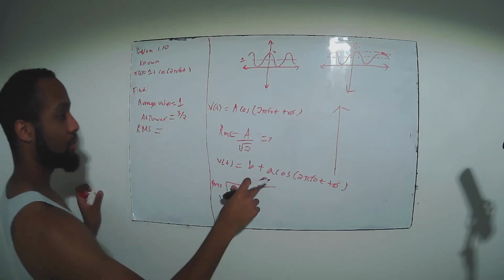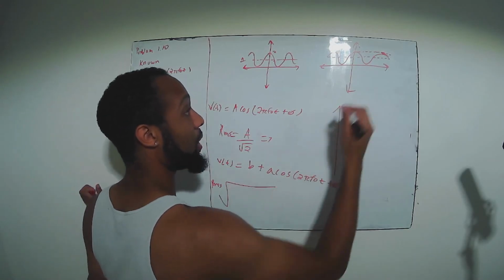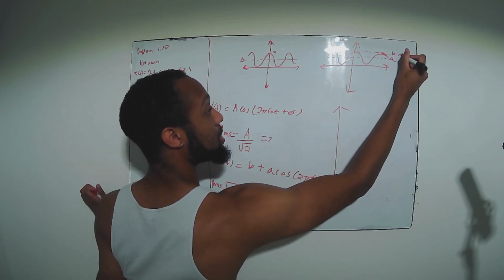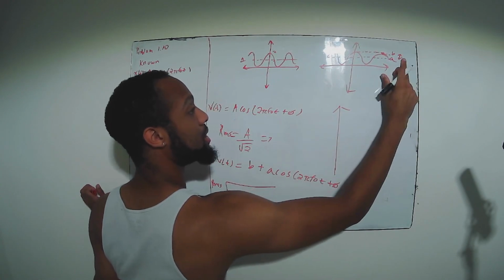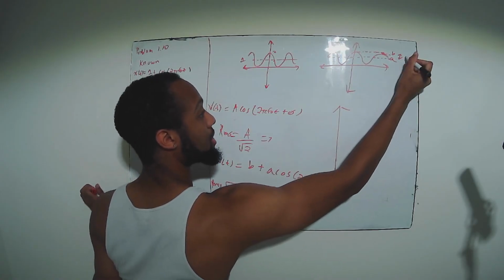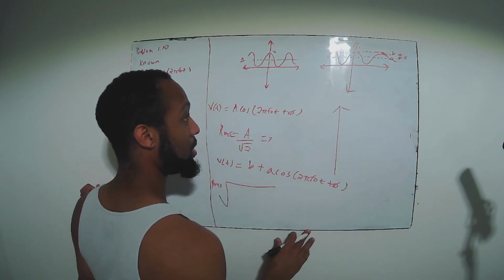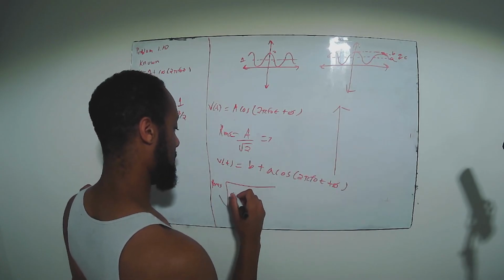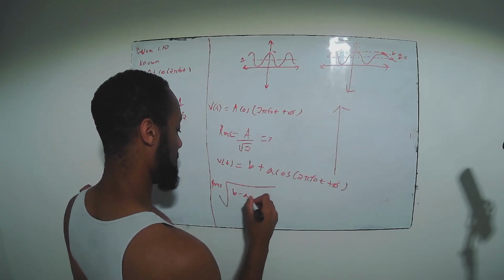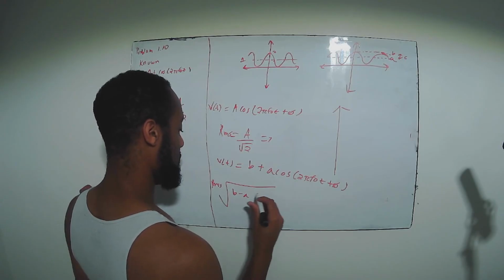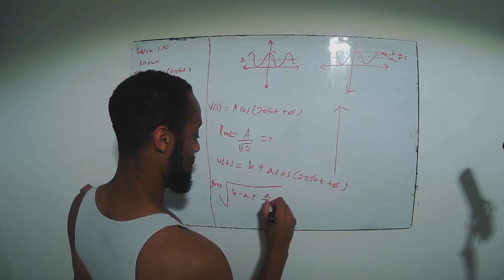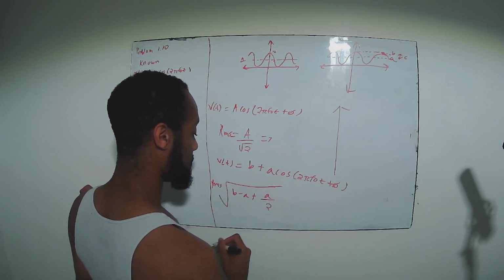Say for example you have B plus A, so put B here and put A. Well, there's this distance here. Let's call this distance C in between B and A. So really you can do B minus A, for example. Then you end up getting B minus A, and you want to add that plus A divided by 2.